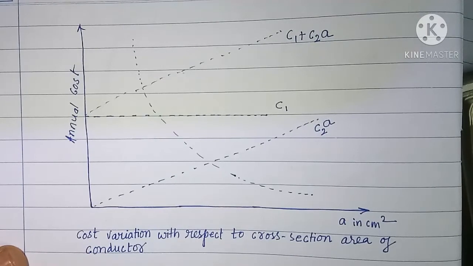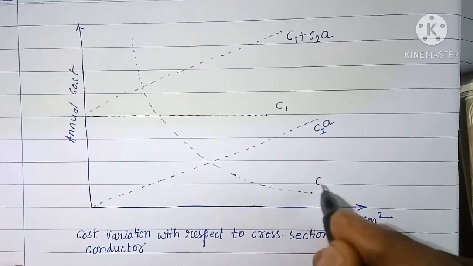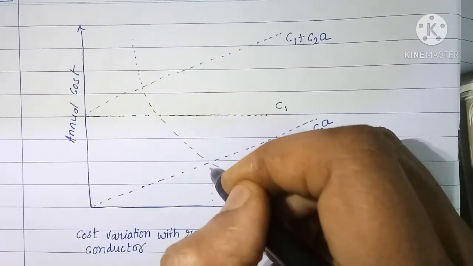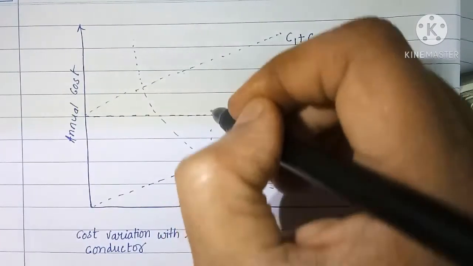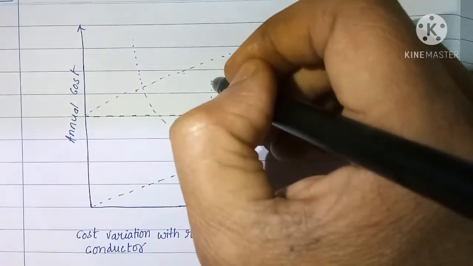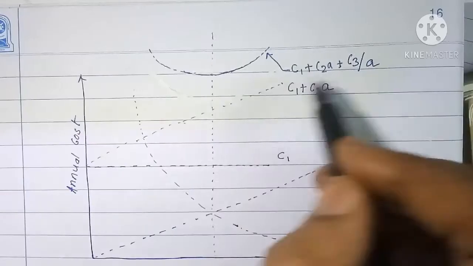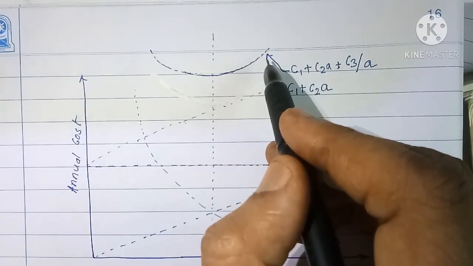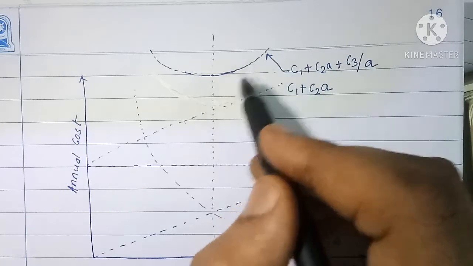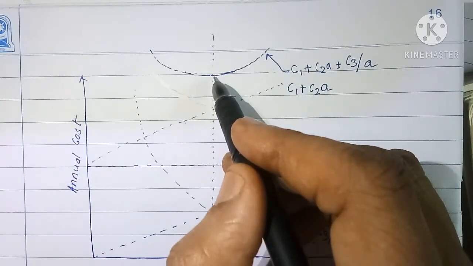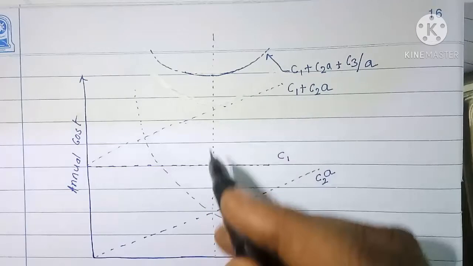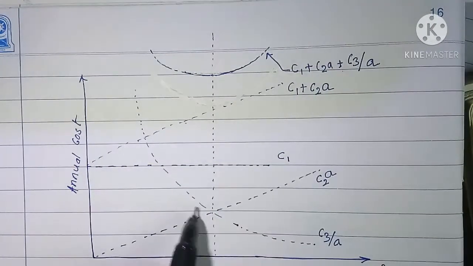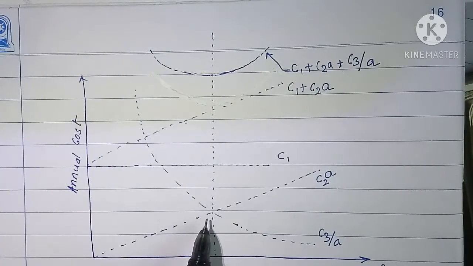Now if we add the C3 by A to C1 plus C2A, we get a curve which shows us the total annual cost, and the total annual cost becomes minimum when C2A and C3 by A are equal.